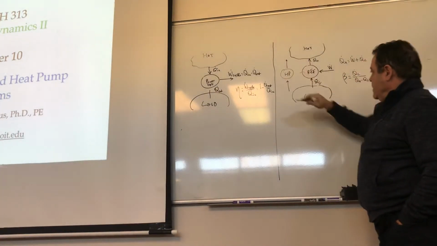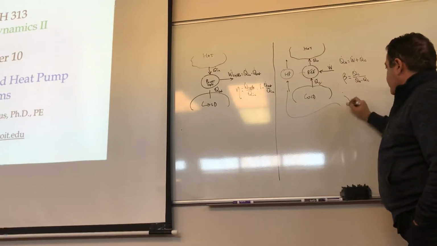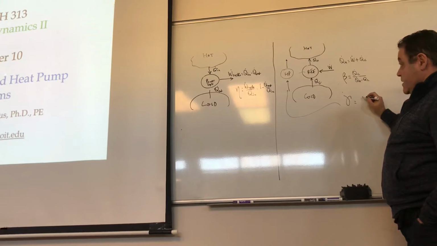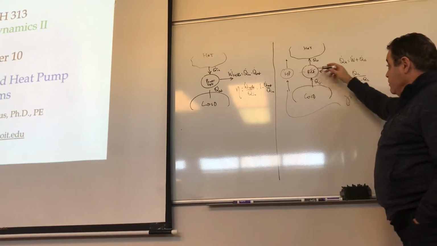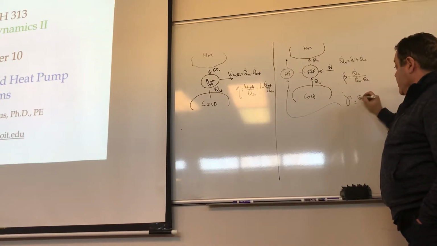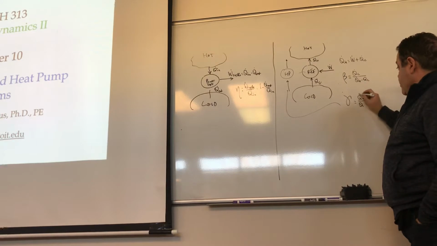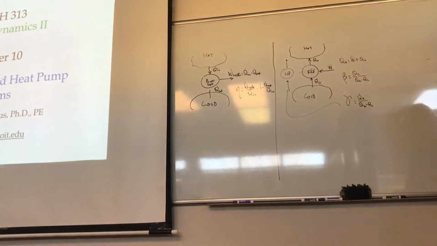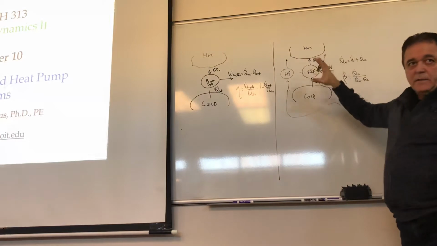So the coefficient of performance for the heat pump is typically called gamma, and it's equal to the output divided by the input. The output that is desired is going to be QH, divided by the input, which is W, which is QH minus QC. Okay? So this chapter is essentially looking at this type of cycle, okay?